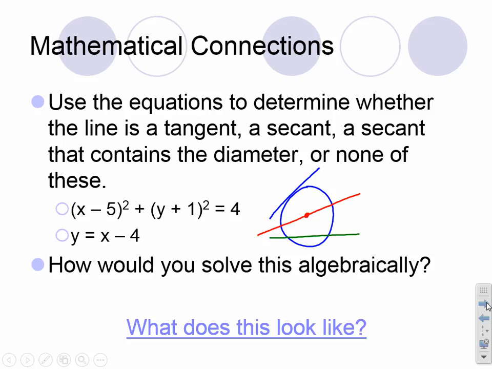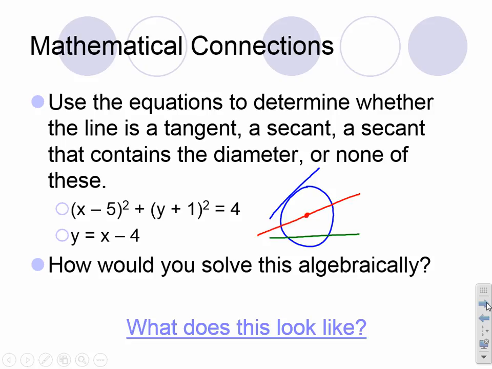Okay, so again, some of us are thinking, holy crap, how do I prove that algebraically? Well, think of solving a system. We did this just last week or the week before. If I solve a system, all that I have to do is plug one of my equations into the other, or I need to eliminate one of my variables. Now here, the easiest way is going to be with substitution, with plugging that in, okay?